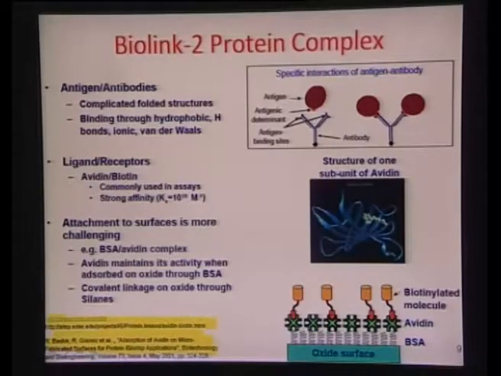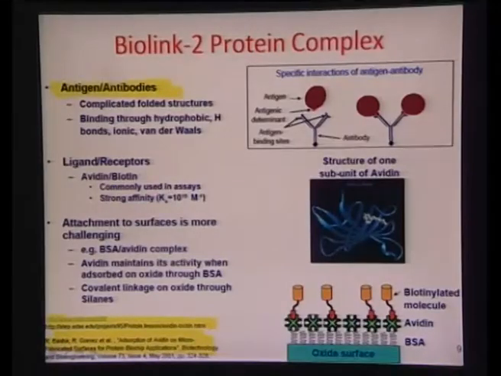There are several biolinks that one uses for capturing cells or different biological entities on a surface. Why is capture needed? Because we have been talking about electrochemistry and sensing. Essentially, you have to immobilize something in order to find out more details about the information contained in that thing.